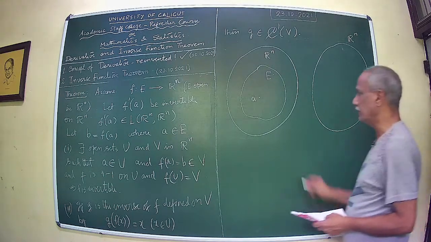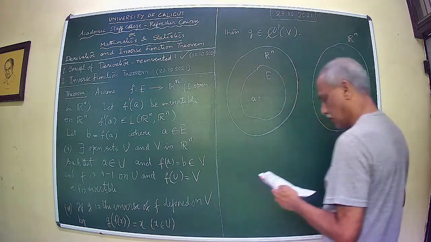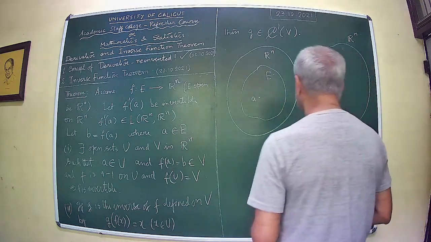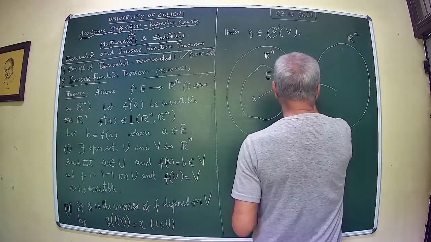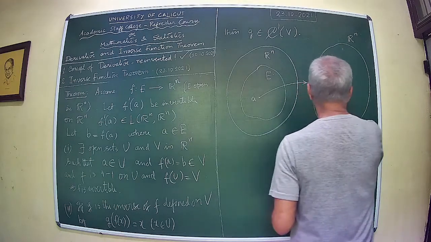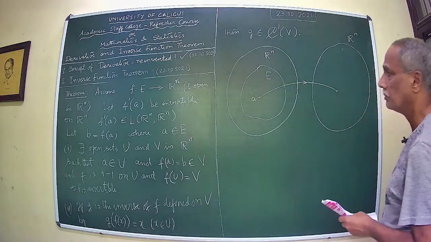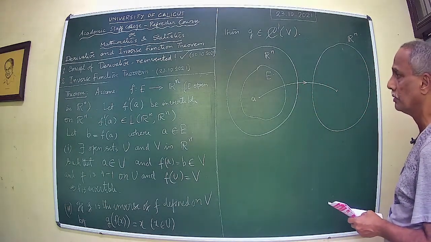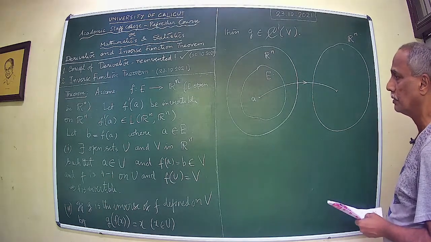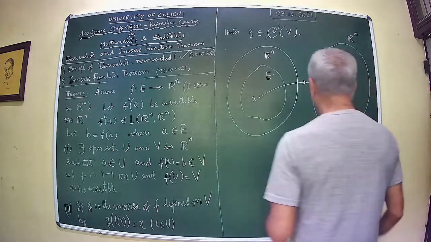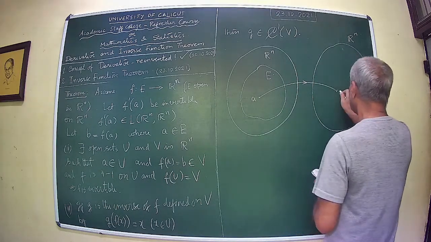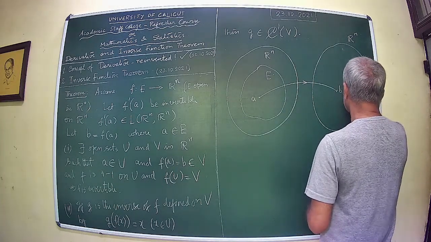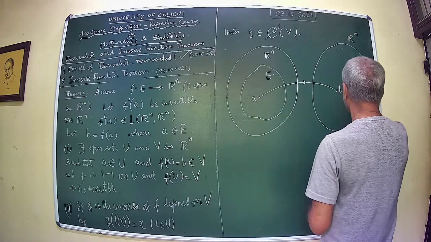A is a point there. Now there is a map f defined. It's a C1 map. Suppose I call this B, which is equal to f of A.